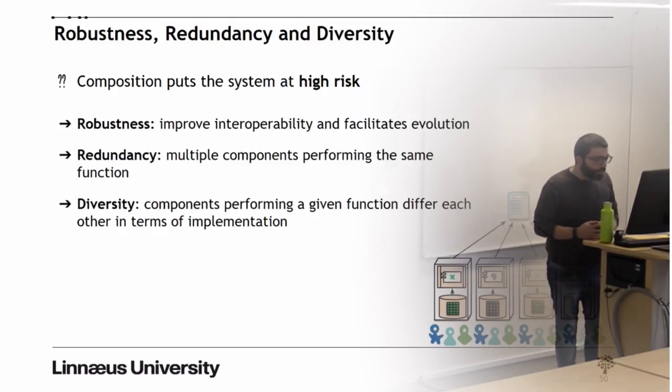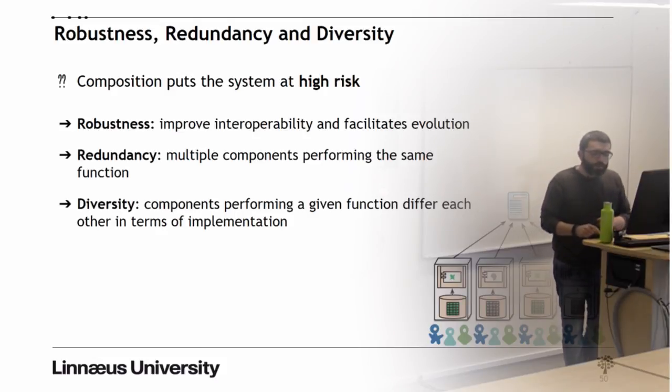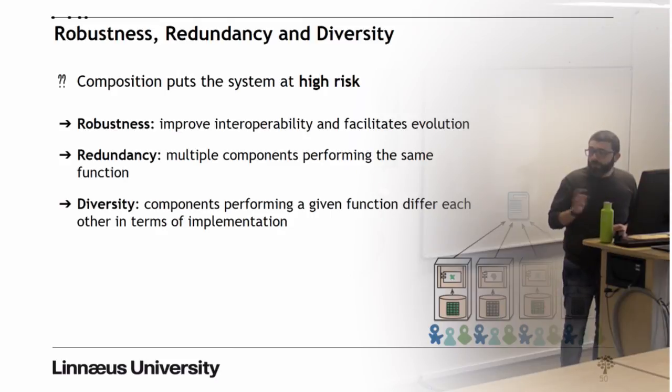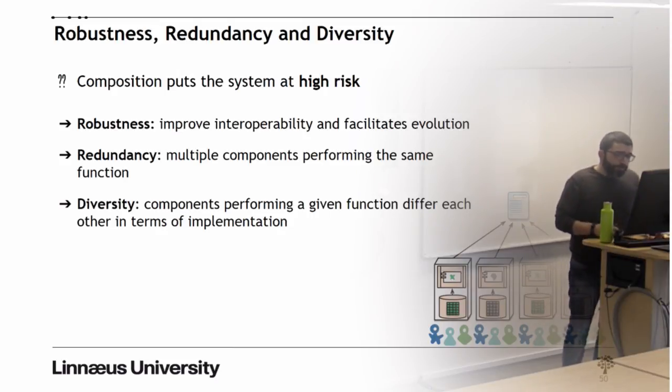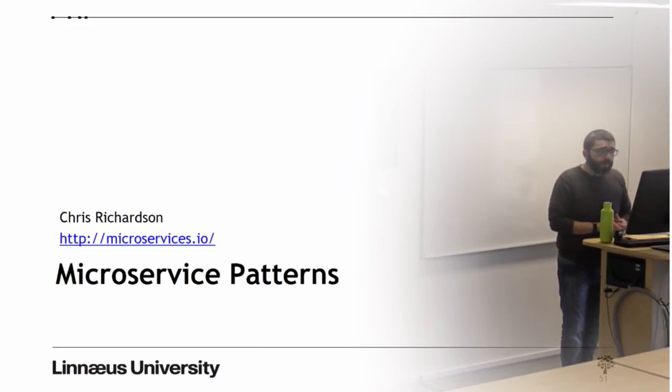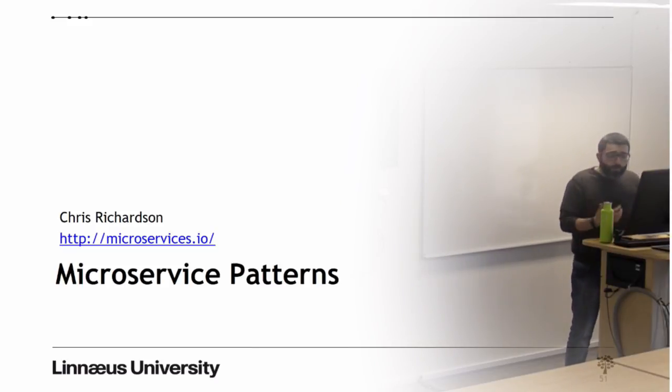Every single microservice is replicated many times, and they also implement diversity, because if you have a bug in a microservice, then you have the same bug in all the instances. To avoid this problem, diversity is very important. So there are many microservice patterns that help us to compose microservices in order to implement a real application.